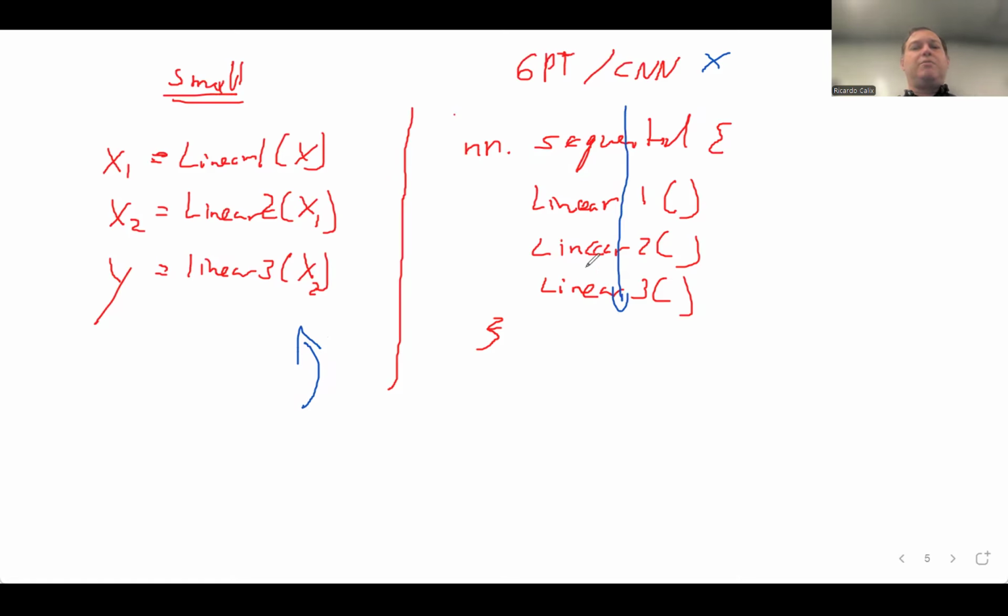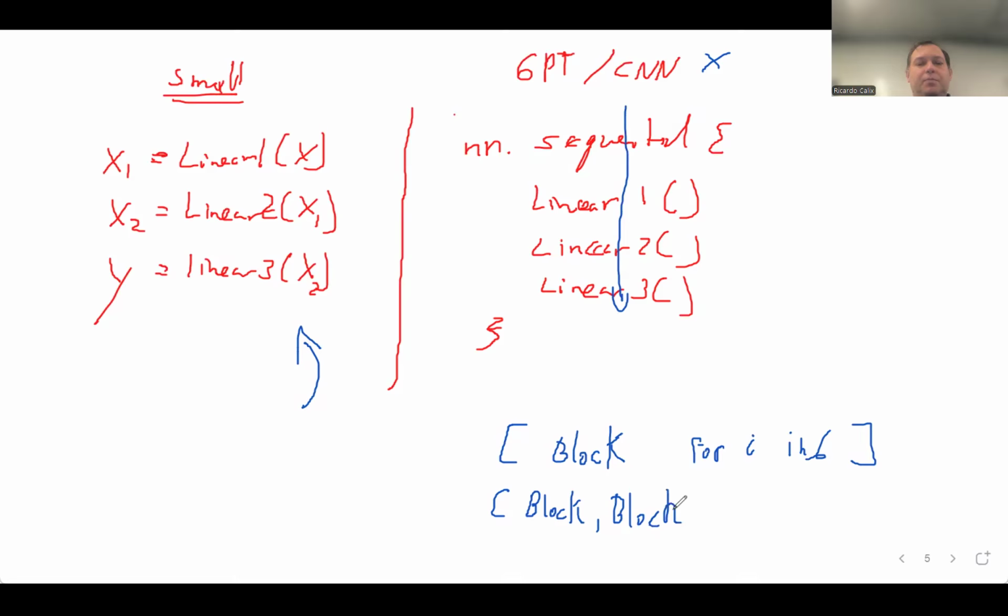So instead of doing that, we just create a list, for i in 6 blocks. Do you see that, guys? So each one of these blocks, you can assume that it simply has a linear layer in there. So essentially then this list becomes block, block, dot, dot, dot, block.